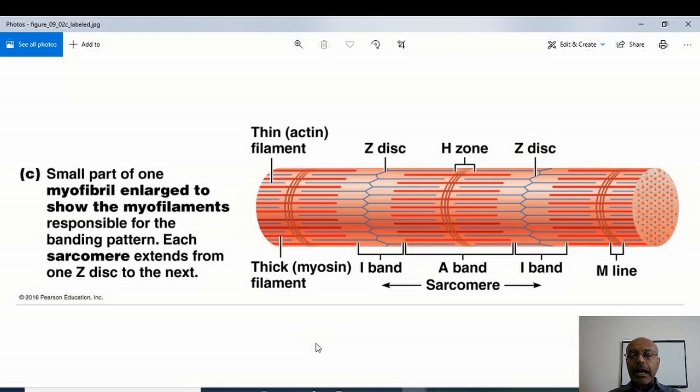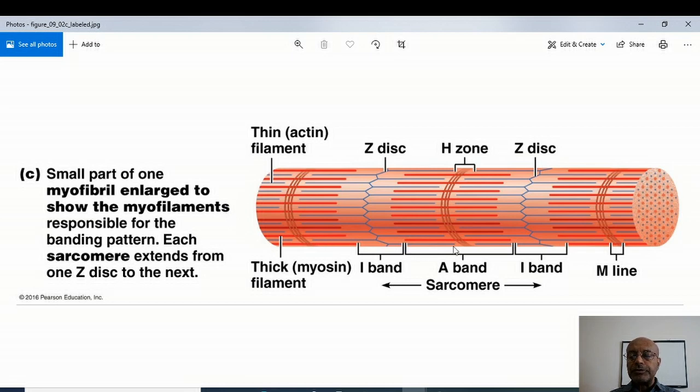I was talking about the sarcomere, which is from this Z disc to this Z disc. By the way, from this Z disc to the next Z disc is another sarcomere. From this Z disc to the next Z disc is a sarcomere. So a myofibril is a chain of sarcomeres.